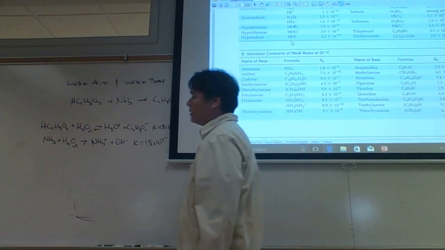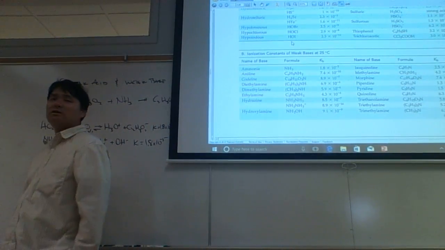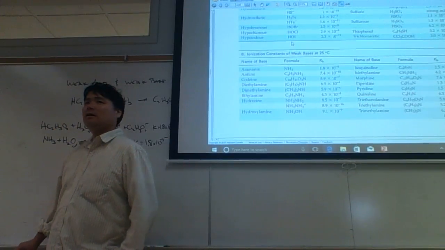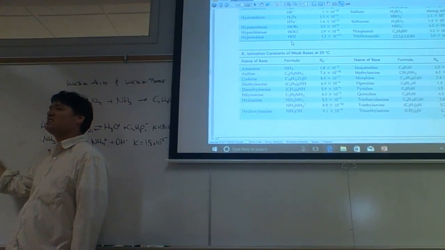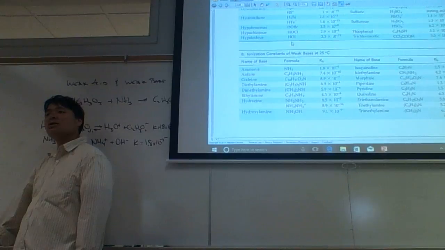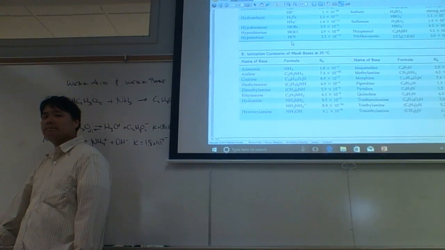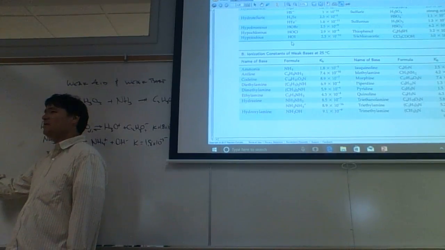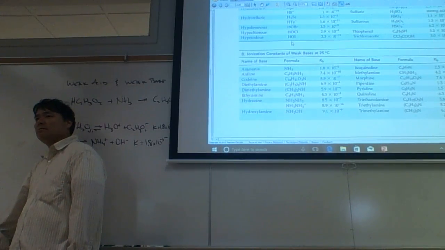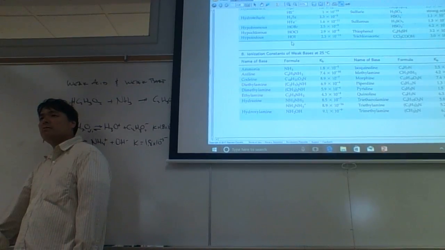Well, I'll tell you, they're going to be about the same. Don't look at the chart. But which one do you predict to be stronger just based on your structural analysis of these two compounds? You expect methylamine to be stronger? How come? Which should be stronger and why?